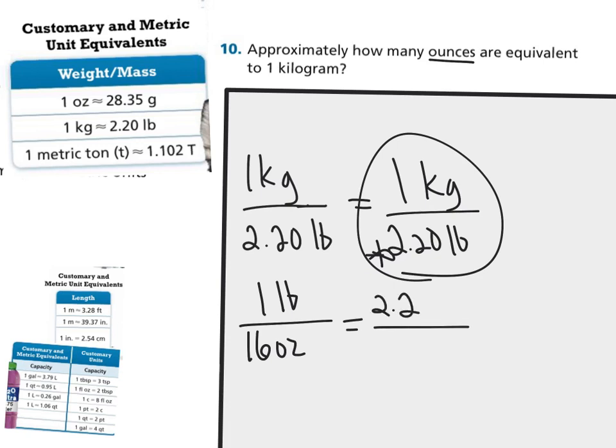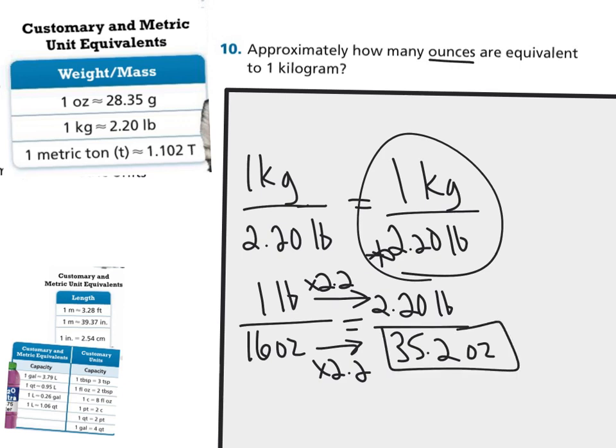And so if we have 2.2 pounds, 2.20 is the same as 2.2 really, that would be multiplying by 2.2. And so if we do 16 times 2.2, that is 35.2. So it should be 35.2 ounces. So this gives you an idea of how to relate customary and metric units.